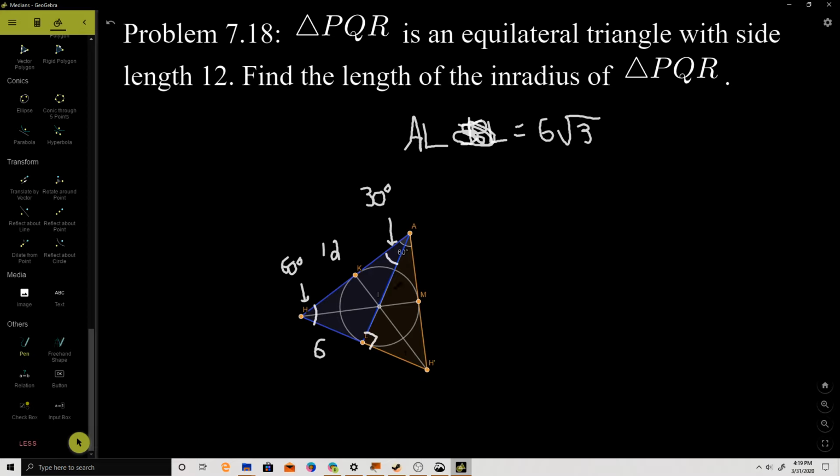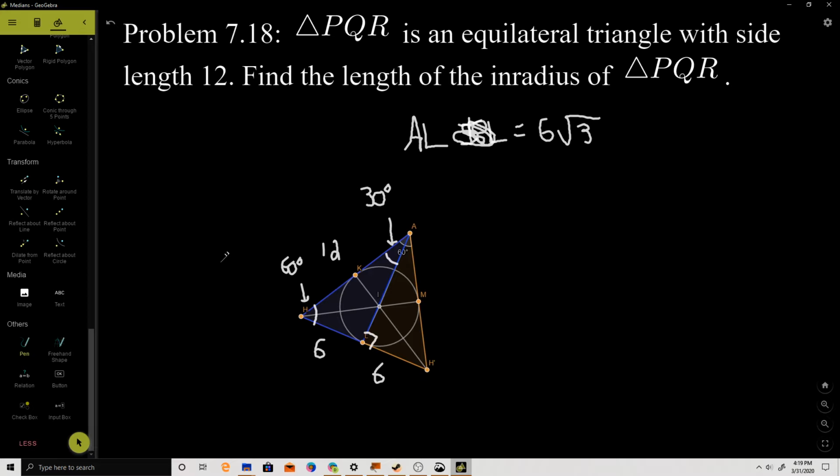I do not need this entire line. But what's interesting is that this angle bisector cuts this side in half. 6 and 6, because it's an equilateral triangle.